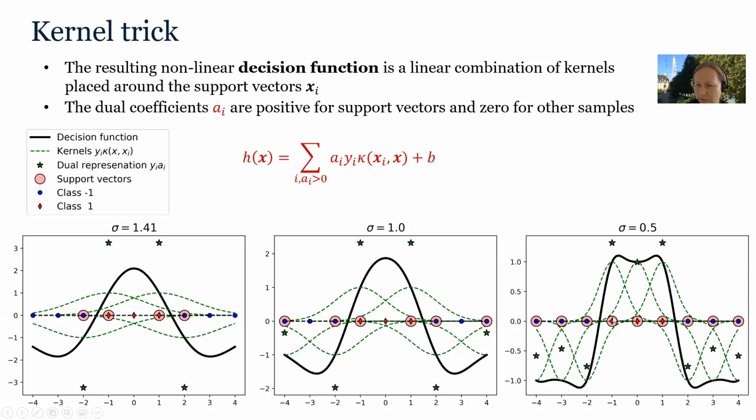And if we have a group of positive samples, they will drag the decision function above 0. So if we have a new sample that is close to the positive samples, then it will be classified as positive. And if it's close to the negative samples, it will be classified as negative.